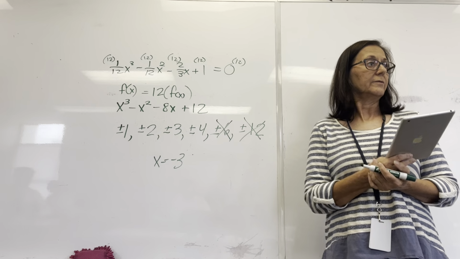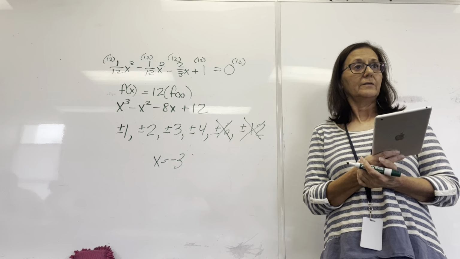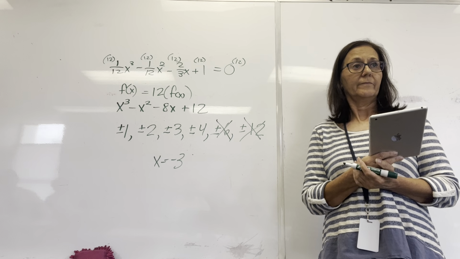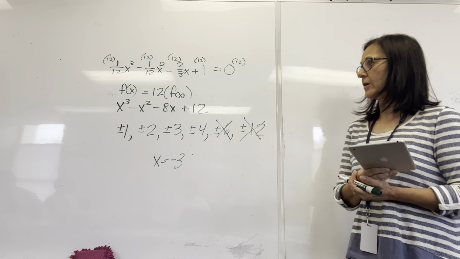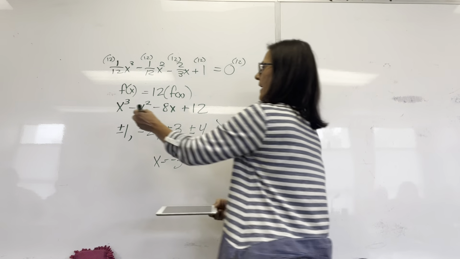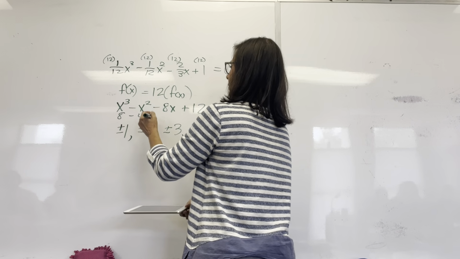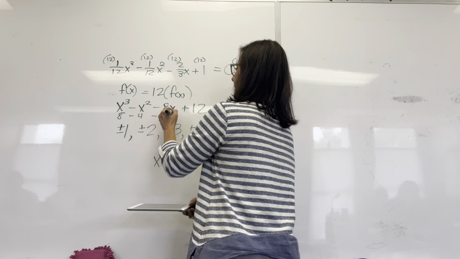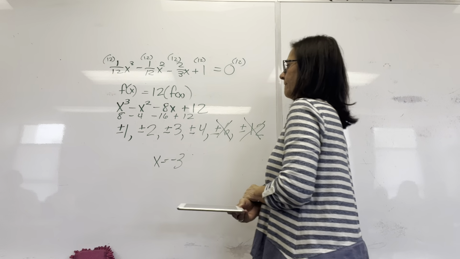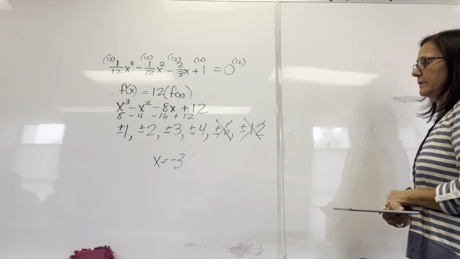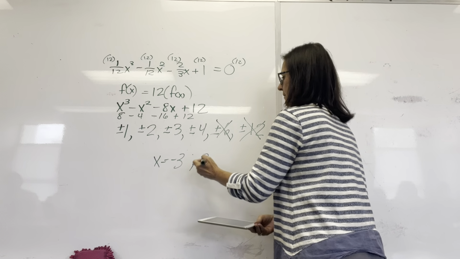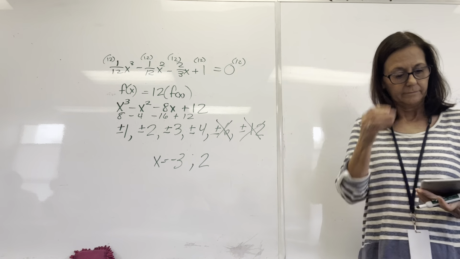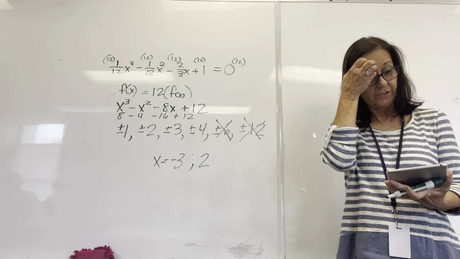Two doesn't. Does -2 work? Okay, it tells me 2 does work. 2 cubed is 8 minus 4 minus 16 plus 12. That's 20 minus 20. Those are the only answers in the textbook.